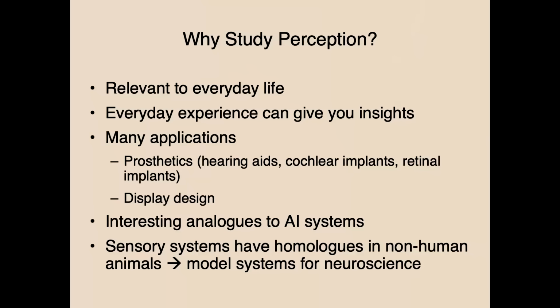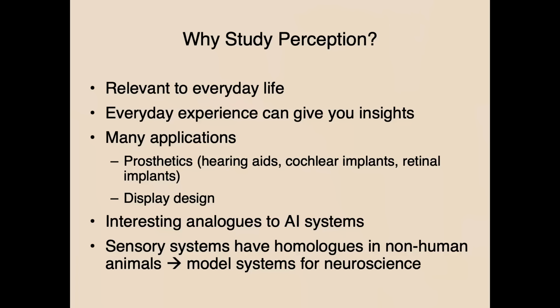There's also lots of exciting applications. One important application domain is prosthetics. We're going to talk about this in a few weeks, but lots of people lose their hearing as they age in particular. And so hearing aids are a huge industry. They work okay, but not great. We'd like to make them work better. There's also cochlear implants for someone who's deaf, retinal implants for someone who's blind.